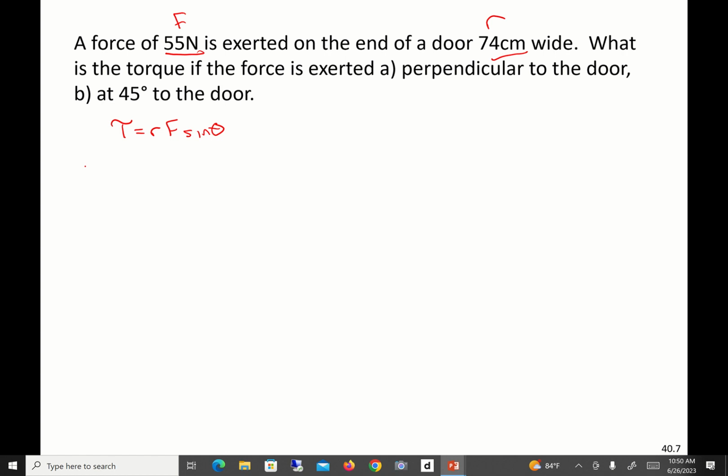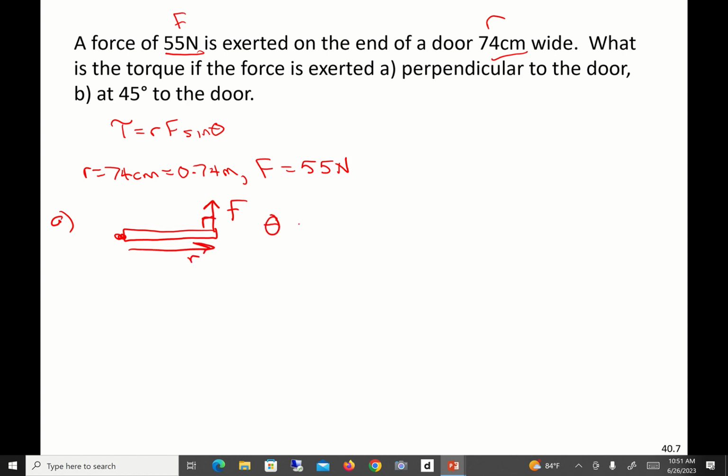So R is 74 centimeters. Remember, we've got to put that into meters, so divide by 100, 0.74 meters. F is 55 newtons. All right, so what's the angle? So for part A, it says we're perpendicular to the door. So here's my door with a hinge. I'm applying my force perpendicular to the door. So the angle between R and F is 90 degrees.